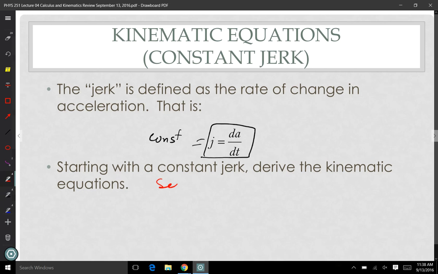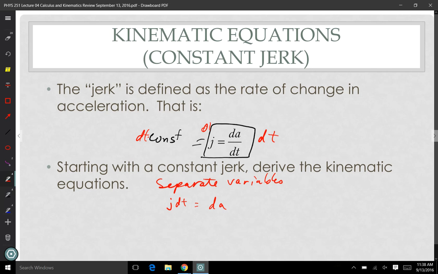So the first thing you have to do is separate variables. So I'm going to take this and multiply both sides by dt, so that I end up with j dt is equal to dA.